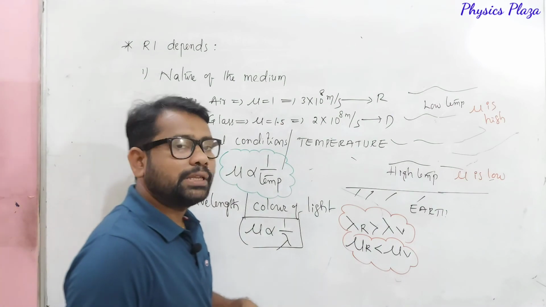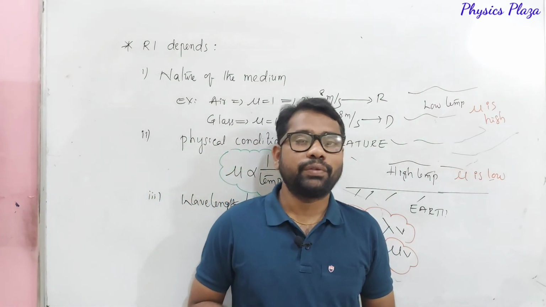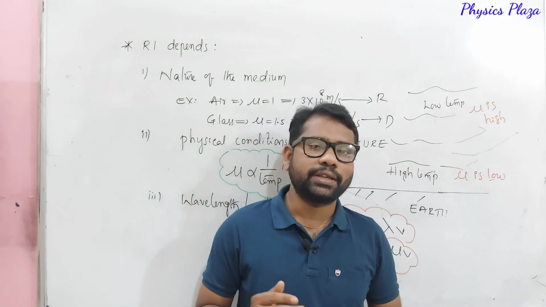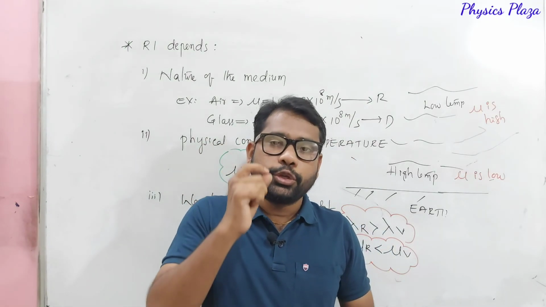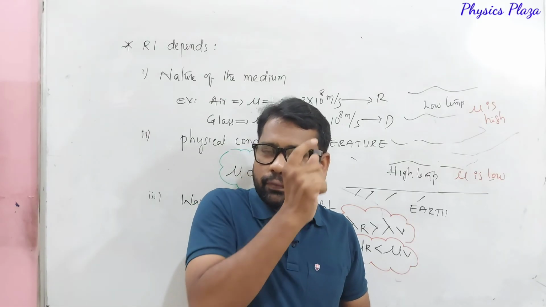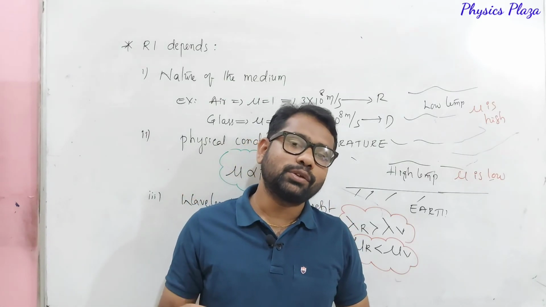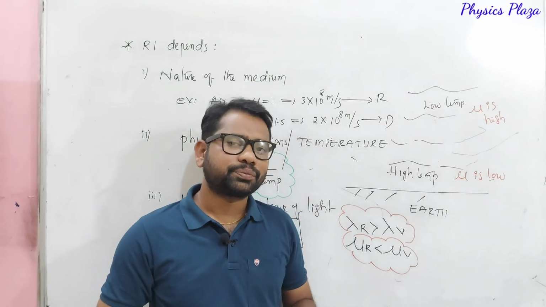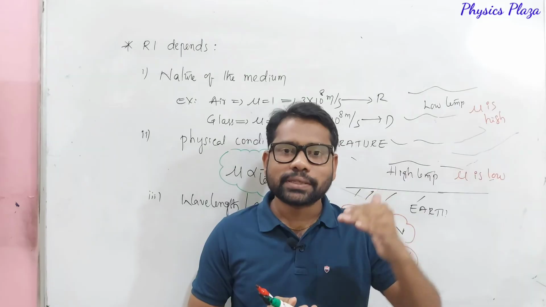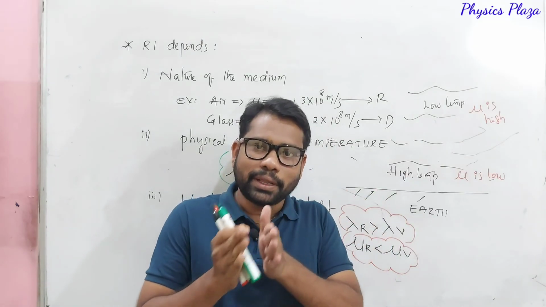So children, these are the topics which we have discussed today. Let us recall once again. If you want to understand what refraction actually is, you must understand the difference between physical density and optical density. You should understand what a rarer medium is and what a denser medium is. In the beginning we discussed the denser medium and rarer medium.